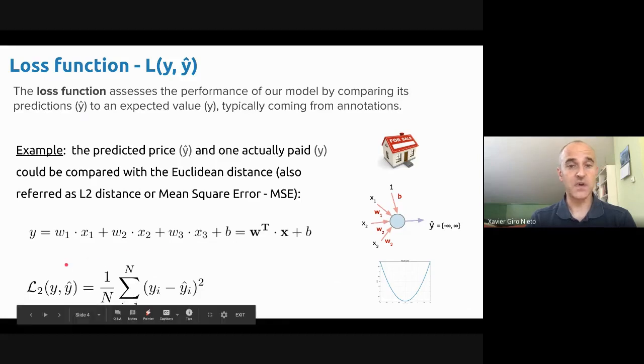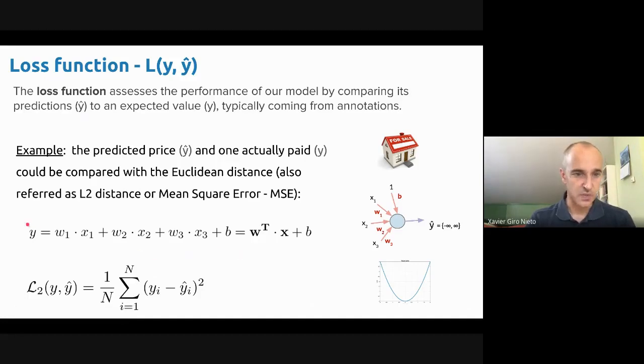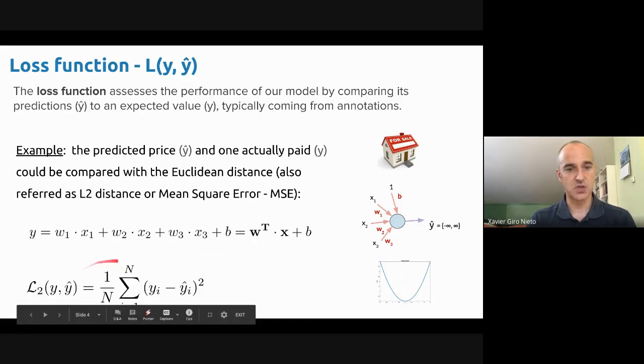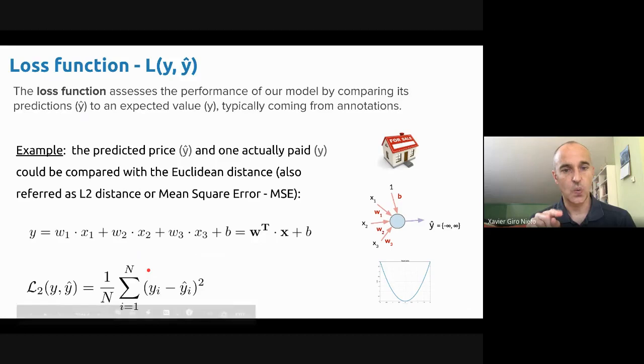And now, if we want to compare the predicted values with the ground truth, actually there should be a hat here, sorry, we could be using the L2 loss. For each of the components of the vector y, it does a subtraction, raises it to the power of 2, then adds all the values and averages by n, where n is the dimension of the vector.